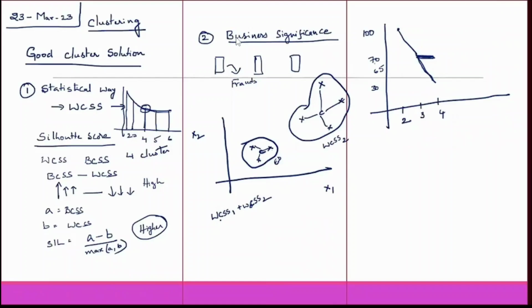The better way of positioning it is rather than taking the distance between each pair of points, I take the distance between each observation and the centroid. So I can get the average distance here, I can get the average distance here, or I can get the total distances here, and after that I can do a simple averaging.